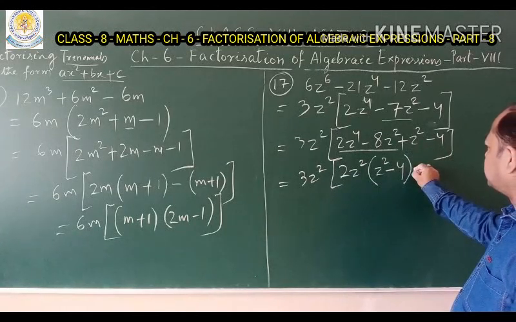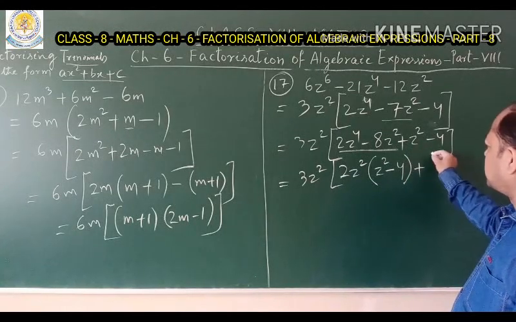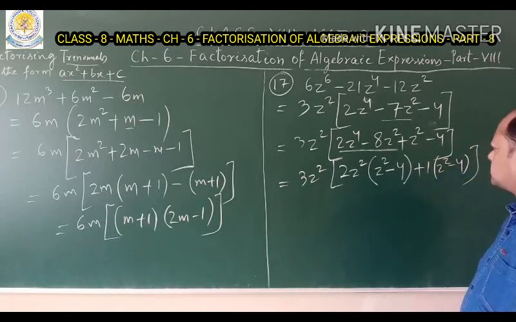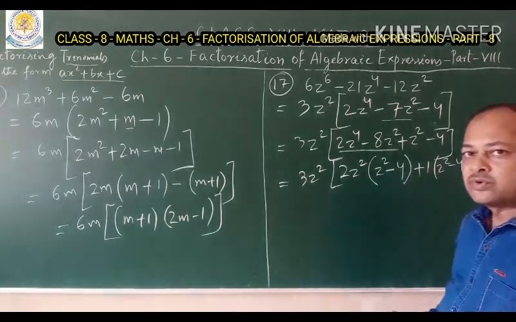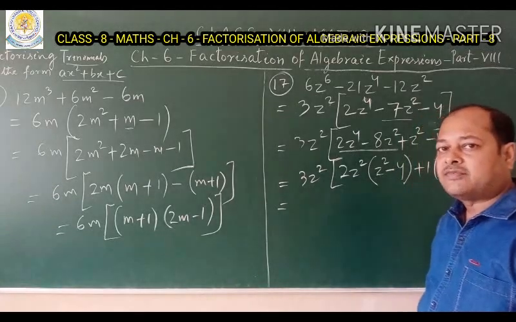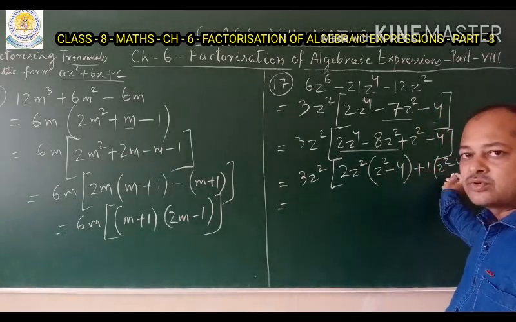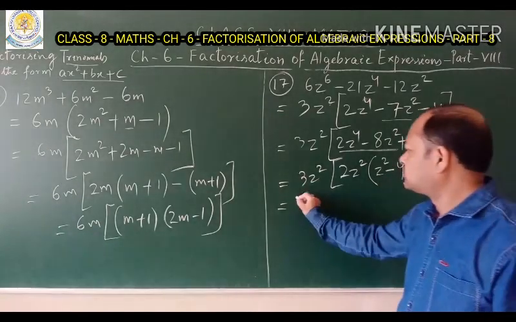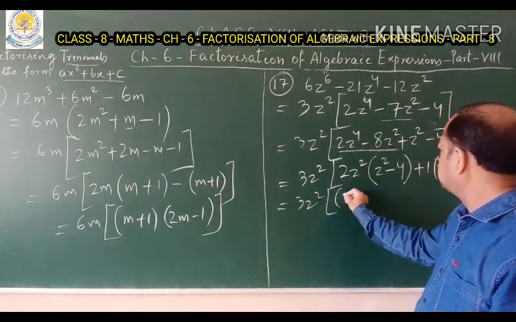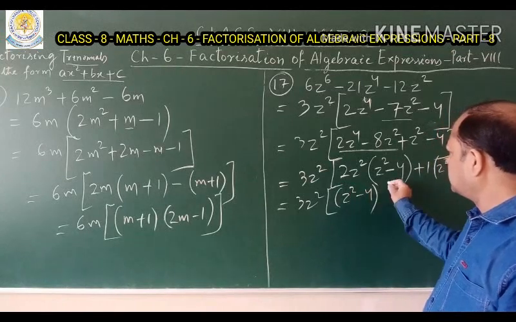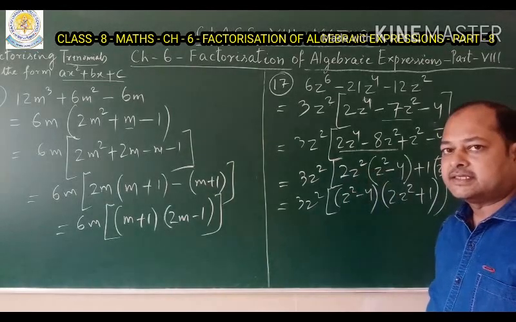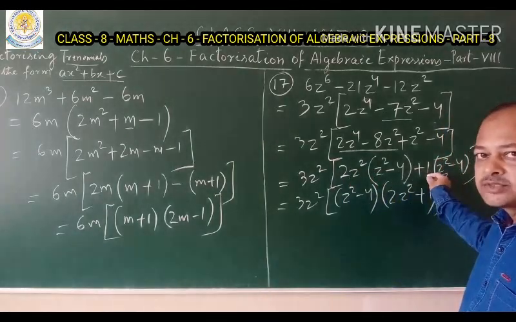Plus 1 into z square minus 4. So 1 into z square minus 4 is the same as z square minus 4. So what do you get as the common binomial factor? That is z square minus 4 in both the terms. So 3z square bracket, the common is z square minus 4 into 2z square plus 1. Outside bracket is 2z square, here it is plus 1.